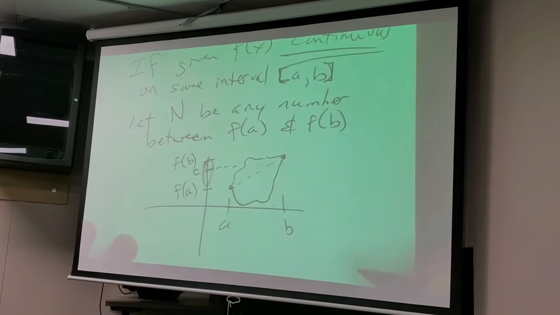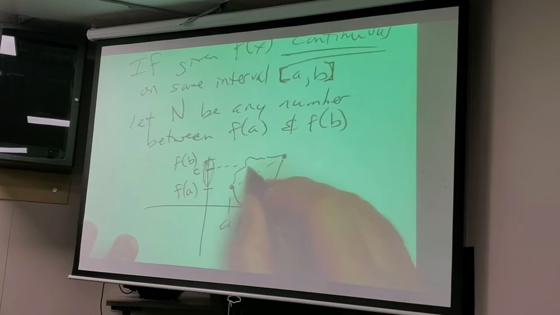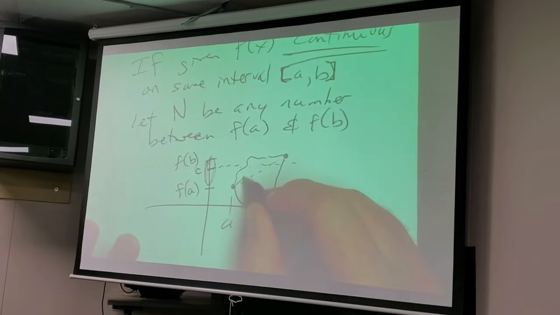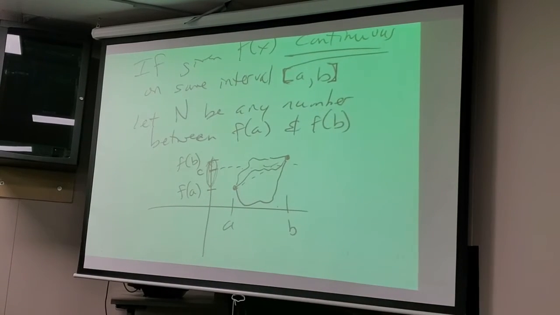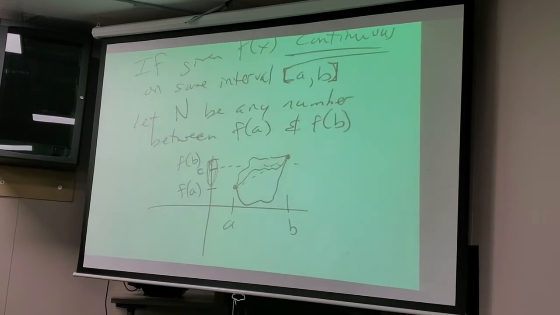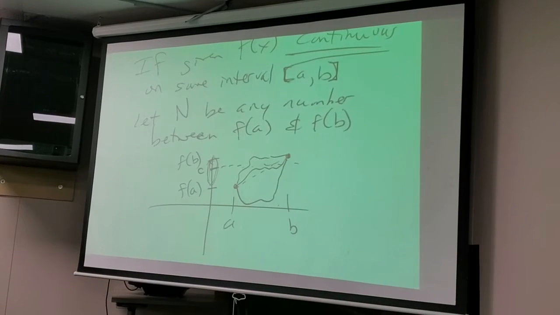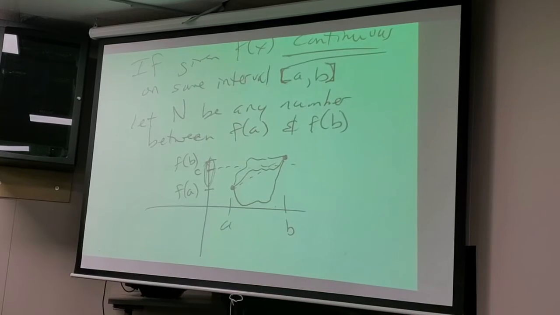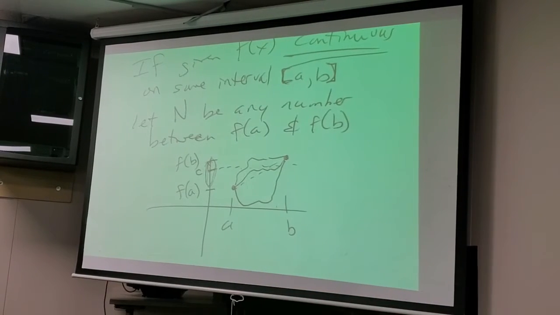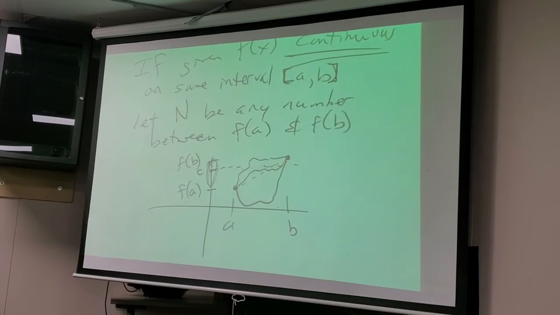Hell no. If you try to escape the output of C, you can't. You go, I'm going to stay below it. Oh no, I got to go up. Does that make sense? If it's continuous, I have to give all the values as outputs between f of a and f of b. Because it's continuous, I can't jump over outputs, because then it's not continuous.